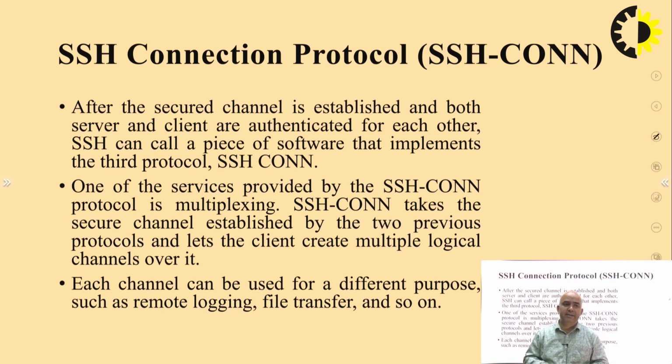Each channel in this connection protocol can be used for a different purpose, such as remote logging, file transfer, and so on. So, in SSH there are three things that we have to take into consideration.